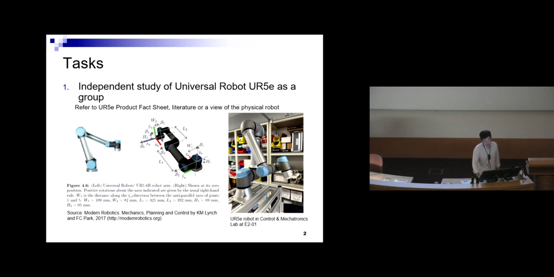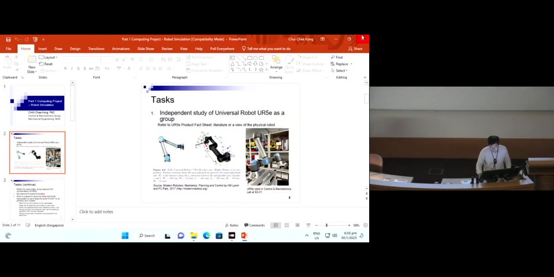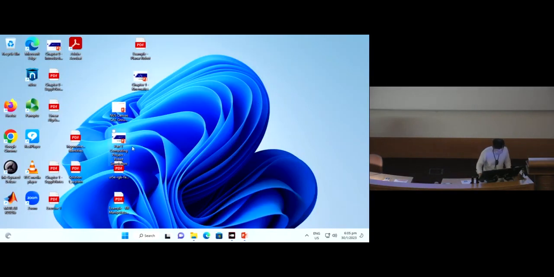There is a physical robot in the E201 Control Mechatronics Lab. If you are based in that lab, you might have already seen it. If not, you may go to the lab and take a look at the physical robot itself. This is the robot in the lab. I have also uploaded the product fact sheet of the robot, which you can refer to. This is the product fact sheet.